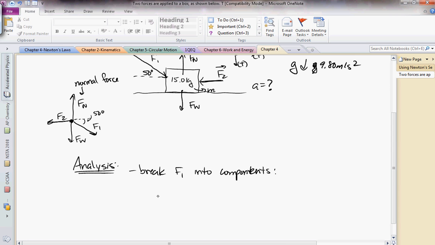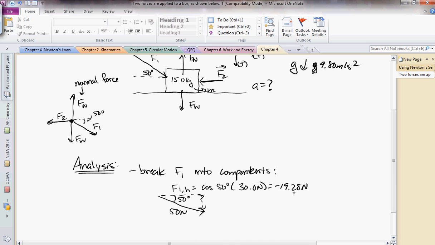So this is going to be 30 newtons. This angle is 50 degrees. I'm going to call this F1 horizontal. That'll be equal to the cosine of 50 degrees times 30 newtons. So this will be 19.28 newtons.